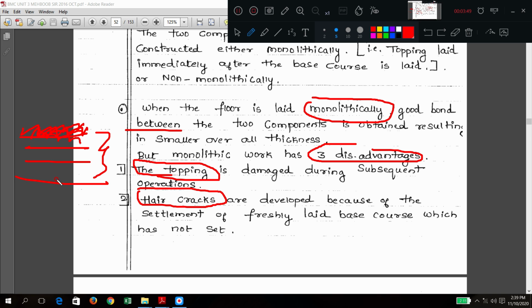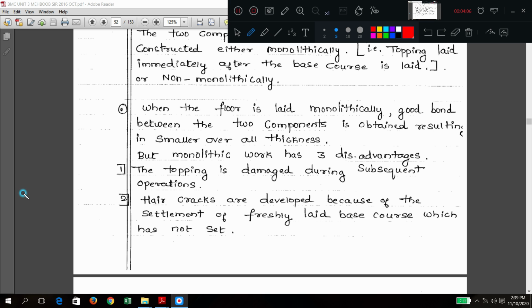Why? As the concrete starts settling or getting hard, a little decrease in volume, or shrinkage, will happen. This shrinkage in concrete leads to cracks at the surface. I repeat, during the shrinkage or hardening process, the surface will get hair cracks.